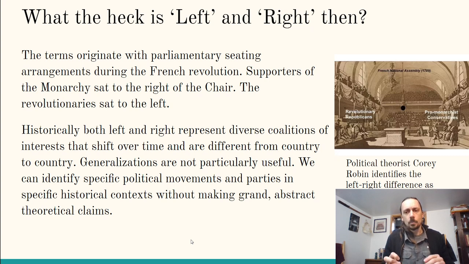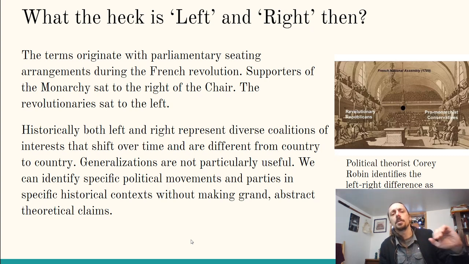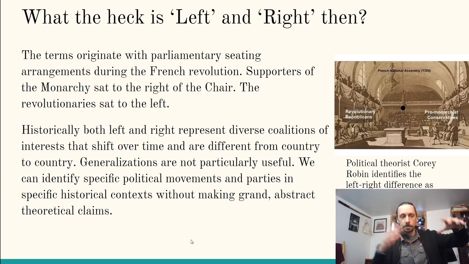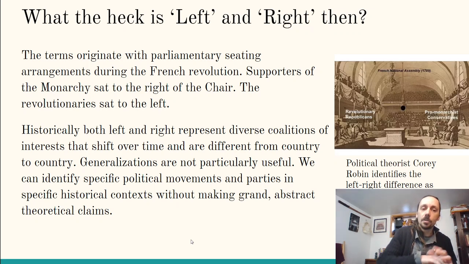Supporters of the monarchy, of the Ancien Régime, of the old regime of the king, sat to the right of the chair of the assembly, and all the revolutionaries sat to the left. So the right is the monarchists, the left is the revolutionaries. That's where these terms first came out of.